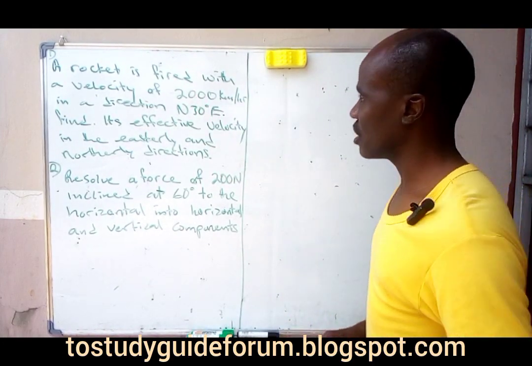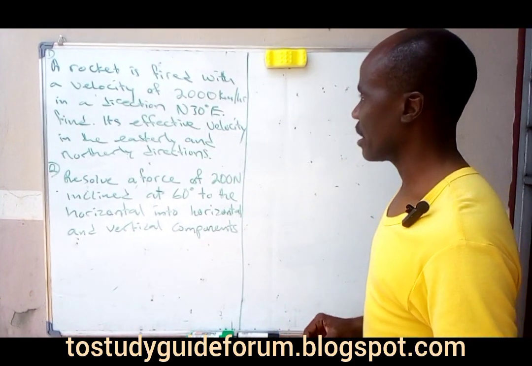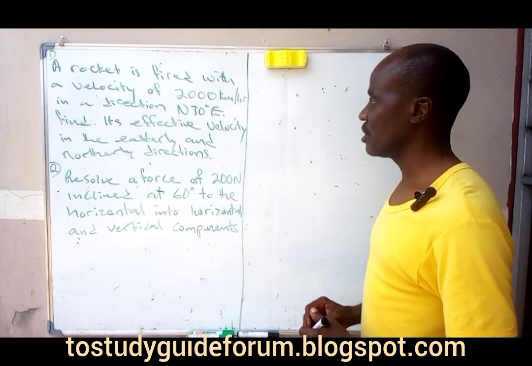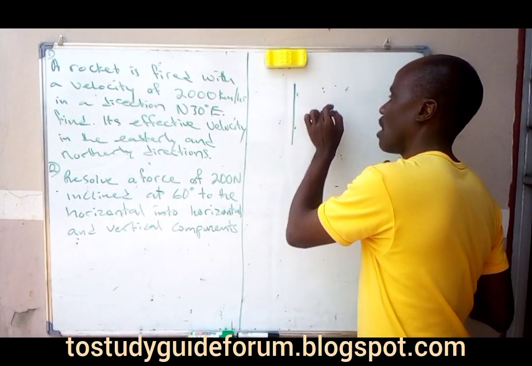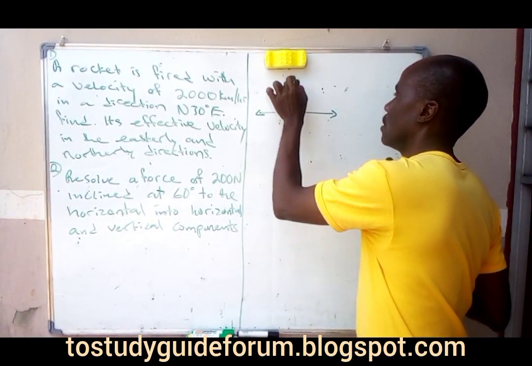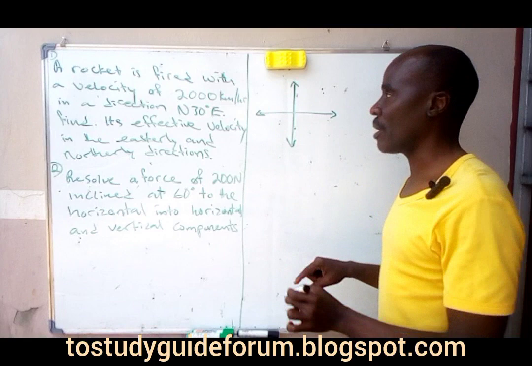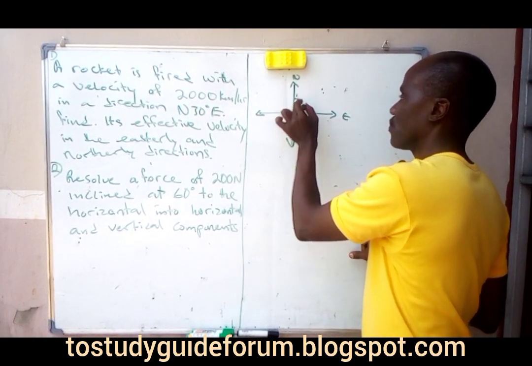Let's look at what we have here. The question says 2000 kilometers per hour, going north 30 degrees east. That is to say, if we have our cardinal points like this, this place is the north and here is the east. That means the movement is from here.